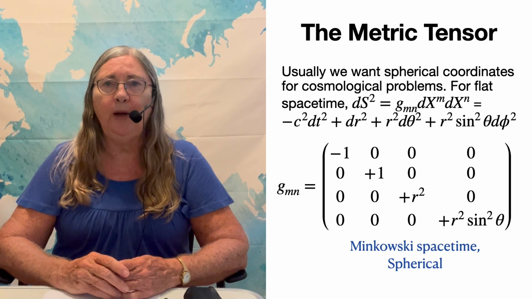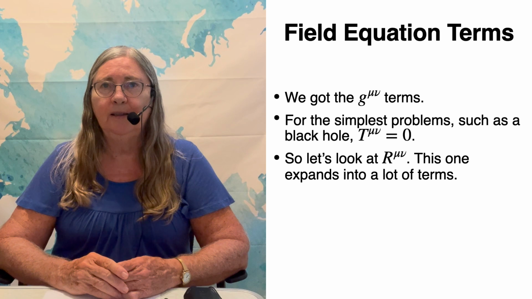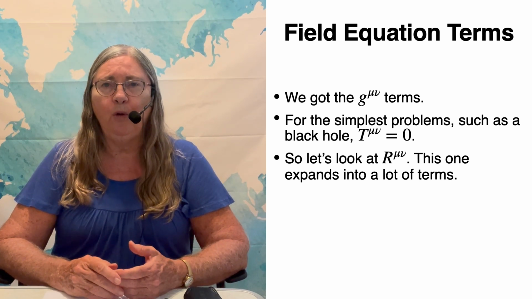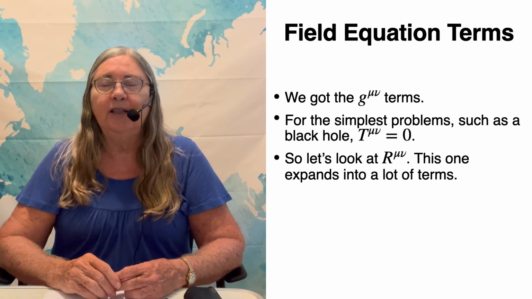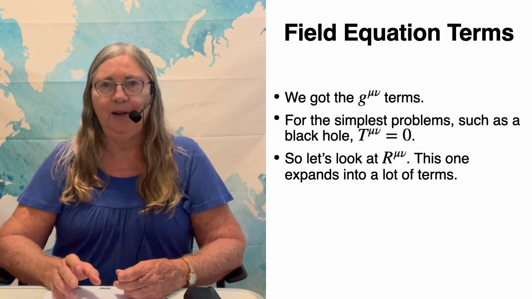Going back to the field equations, we see that we know one term, the G mu nu. Now for the simplest problems, such as a black hole, we have empty space, a vacuum. And so the T mu nu terms on the right are all 0.